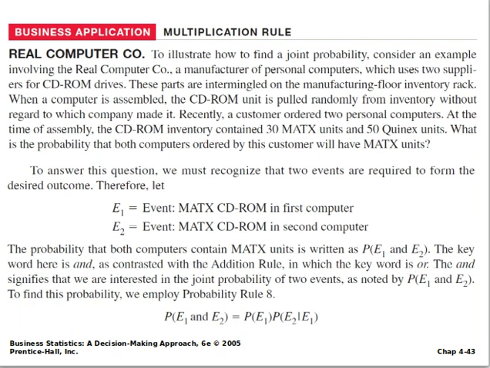The AND signifies that we are interested in the joint probability of two events, as noted by P of E1 and E2. To find this probability, we employ probability rule 8.